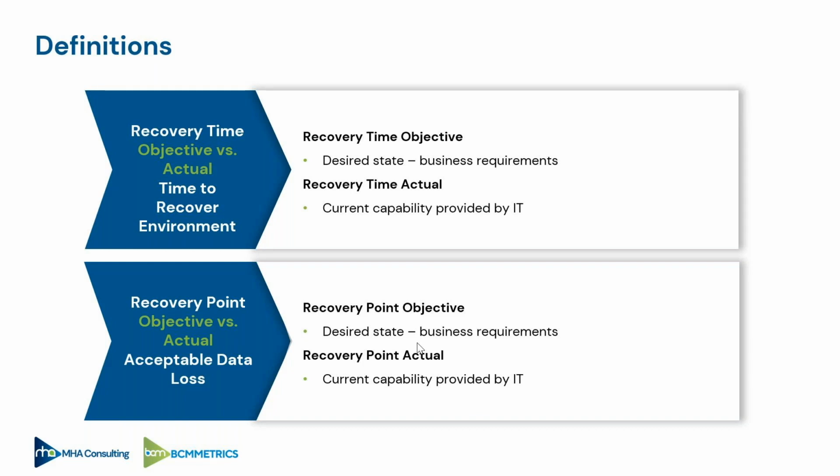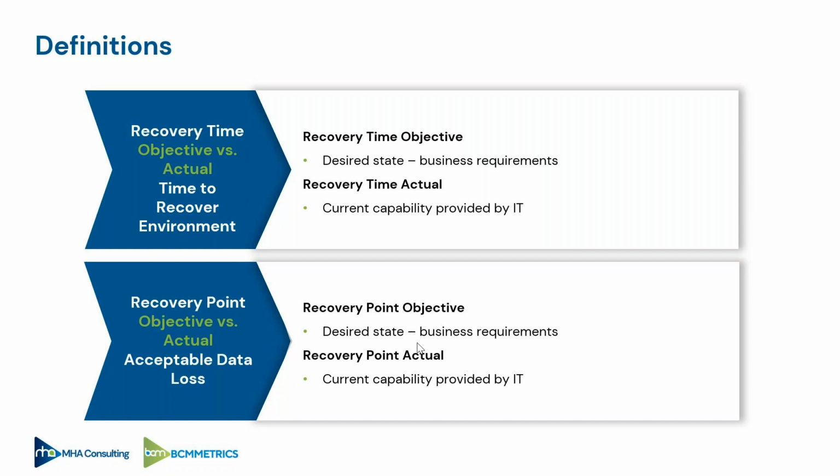That may not necessarily be what has been implemented by IT. It's a time frame. Could be minutes, could be 0, could be hours, days, weeks. One of the important things for IT and business continuity is to make sure we understand what our organization is requesting, or the requirement coming out of a BIA, for example, versus what's actually been implemented from an IT perspective for technology services. Those can be different, and there may be a reason for that on both sides, which we'll talk about in just a second.